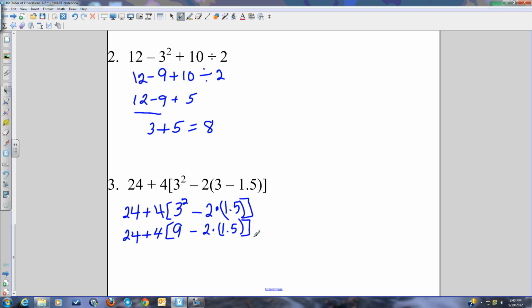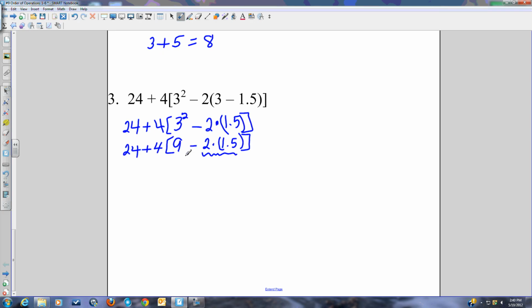Now we have in these parentheses multiplication and subtraction. We do multiplication first. 2 times 1.5 gives us 3. So I'll bring down everything else. In the brackets, 9 minus 3 is 6.